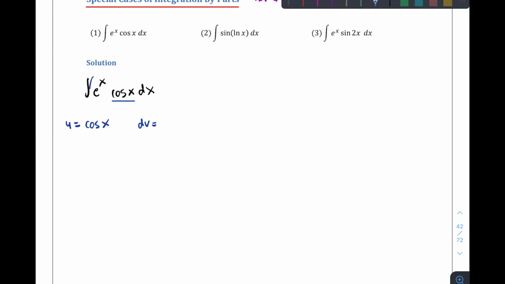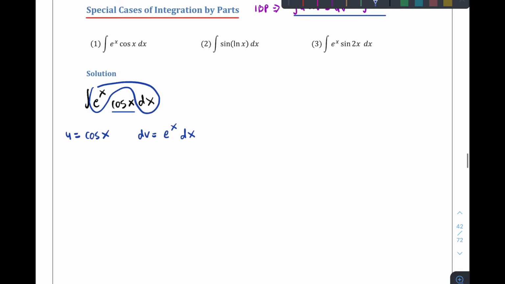The balance, e^x dx, you make it dv. Then find your du and your v. To get du, differentiate u: cosine gives negative sine x dx. From dv, if you integrate both sides, you get v equals e^x.